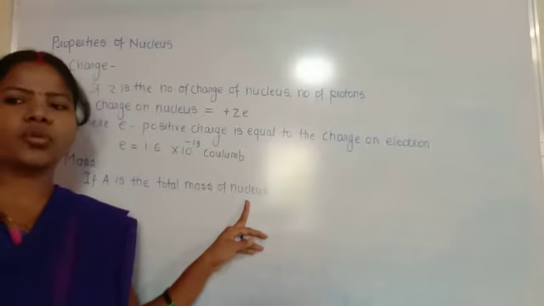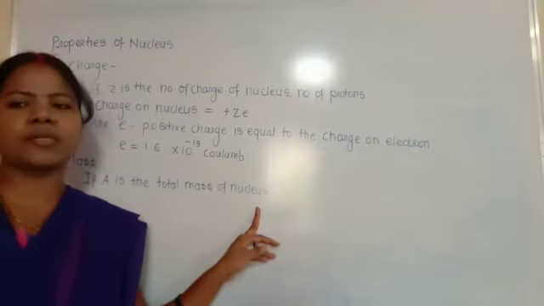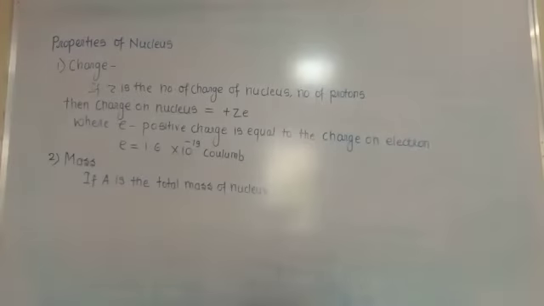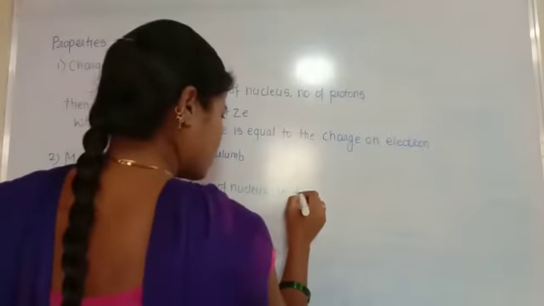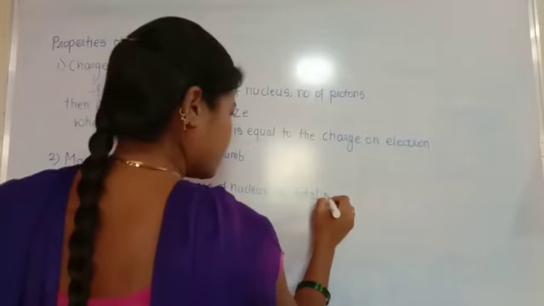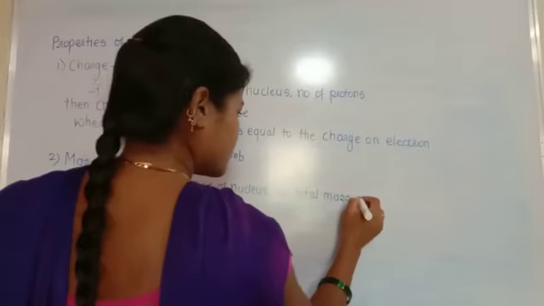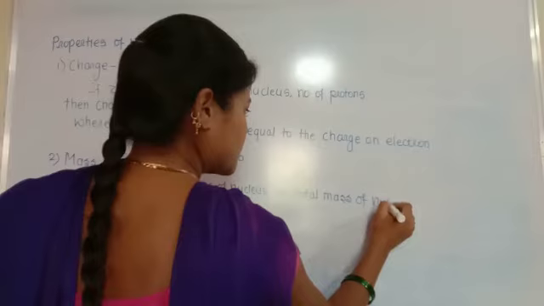This proton and neutron are together called nucleons. So this is nothing but the total mass of nucleons.